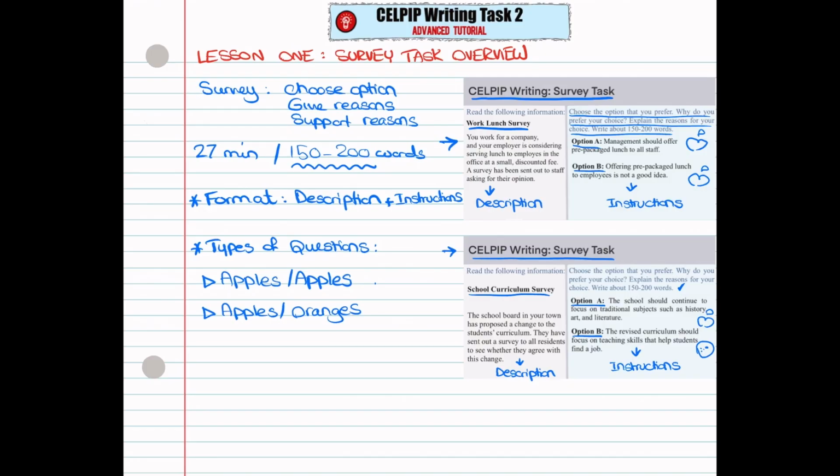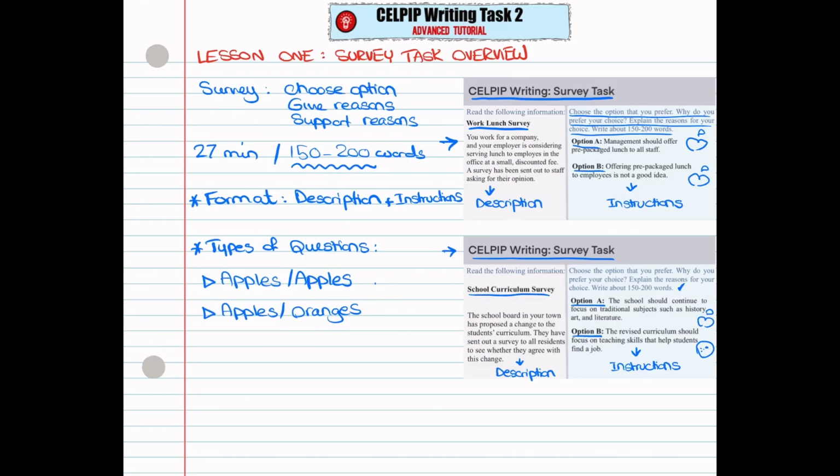Now, the difference between apples and apples and oranges topics will play a role in the way we later brainstorm ideas or plan our paragraphs. So it's important for us to understand the difference at this point.